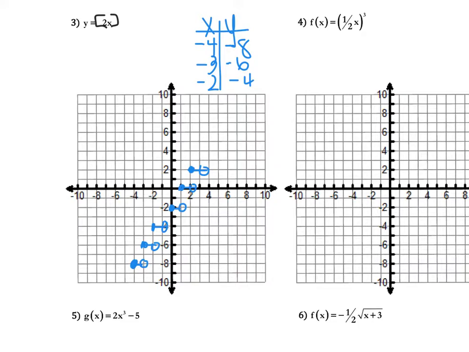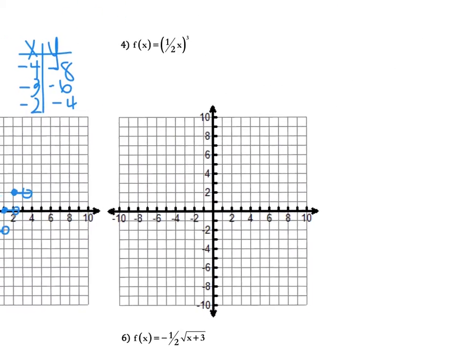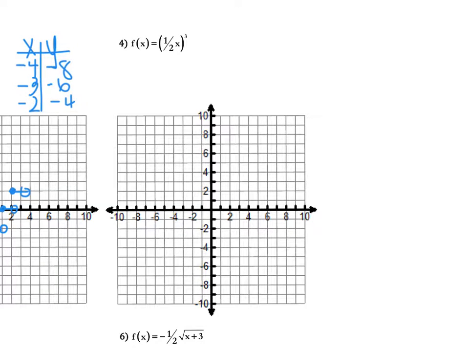Okay. All right. Let's go ahead and take a look at number 4. So this is a cube function. Okay. So the parent function for cube, remember the pattern is 1a, 7a. Okay.